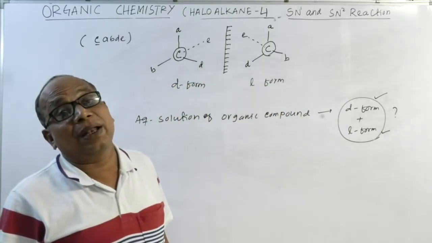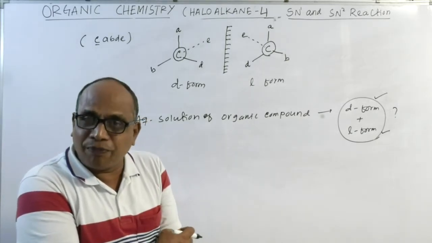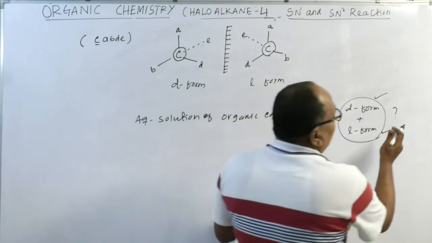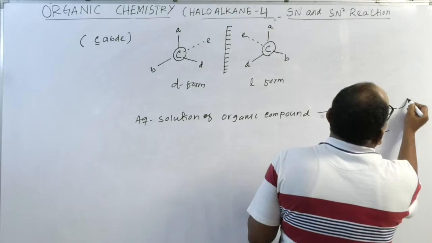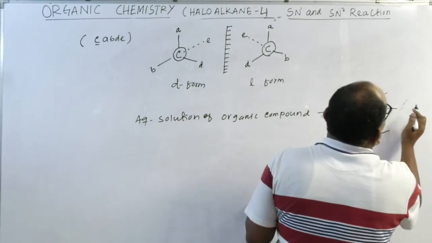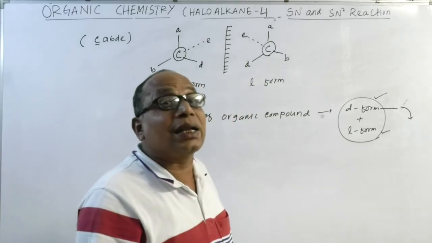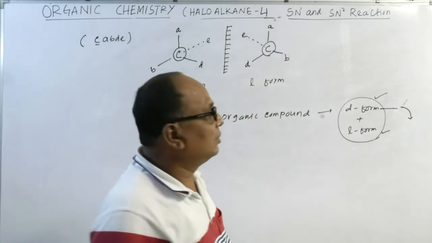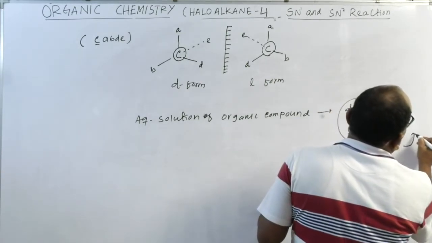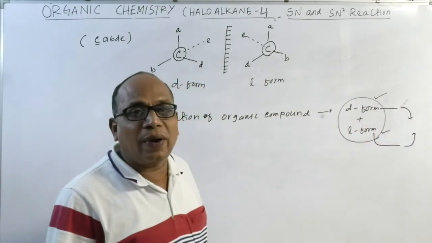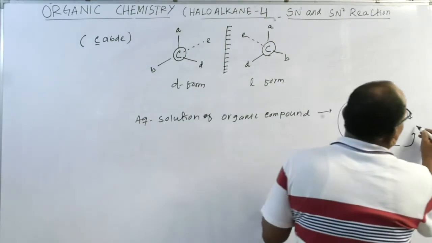It cannot rotate the plane polarized light, although it possesses the D form and L form, because the rotation due to the D form, that means in clockwise direction, gets compensated by the rotation due to the L form, meaning anticlockwise direction, and the resultant is 0.